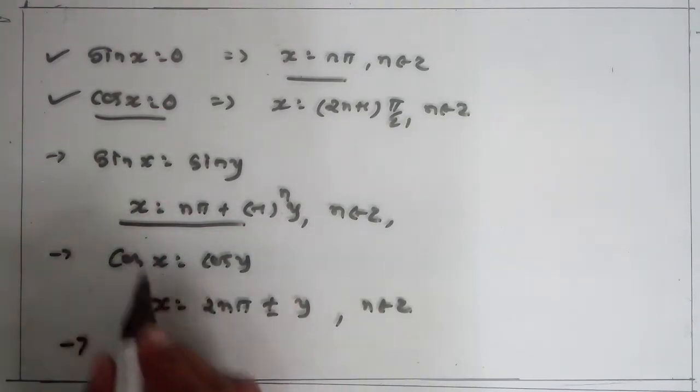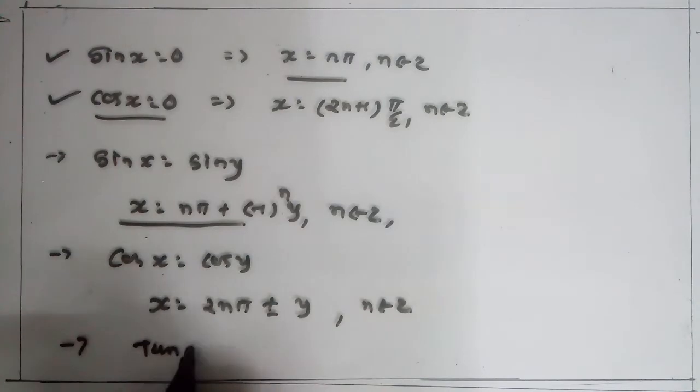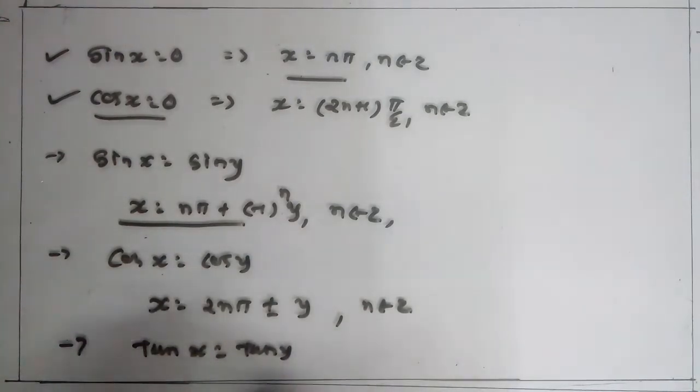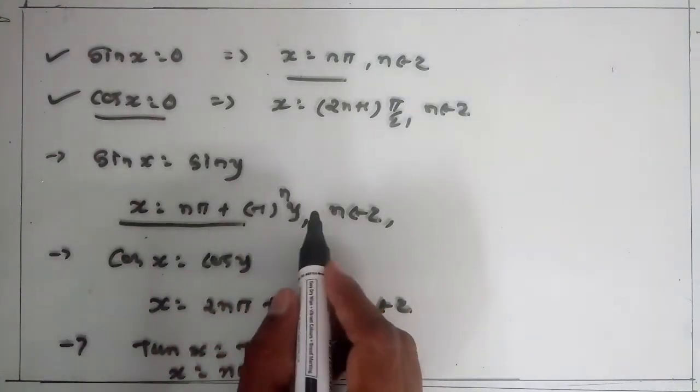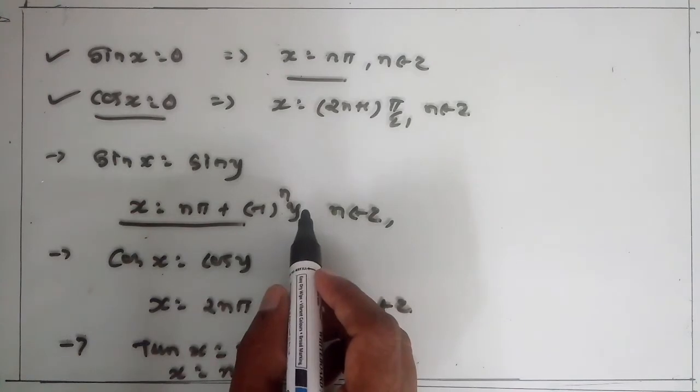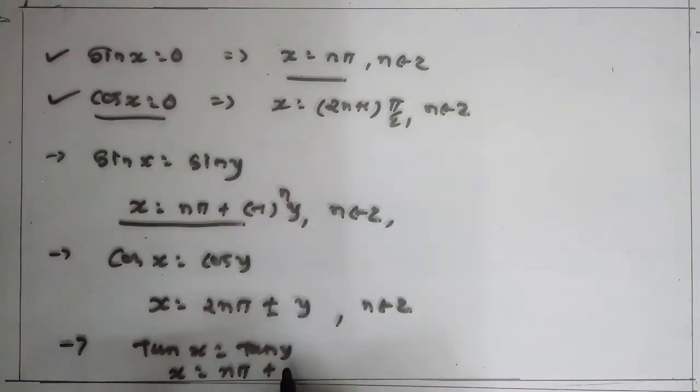And for tan x is equal to tan y, the general solution becomes x is equal to, from sin we get this, n pi plus minus 1 raised to n, and we can't write this, only y. So x is equal to n pi plus y. This becomes the general solution of tan x is equal to tan y.